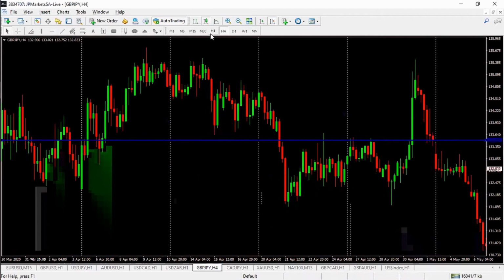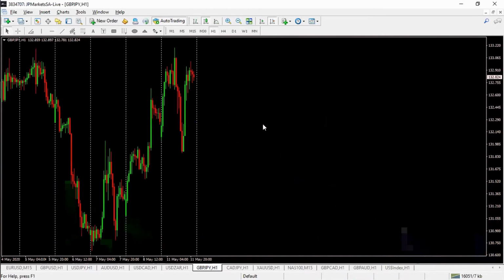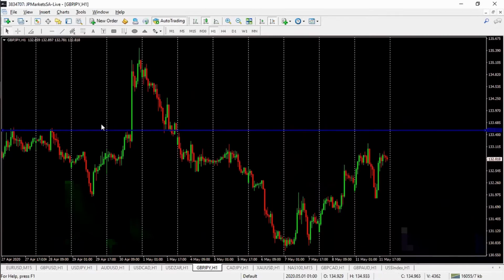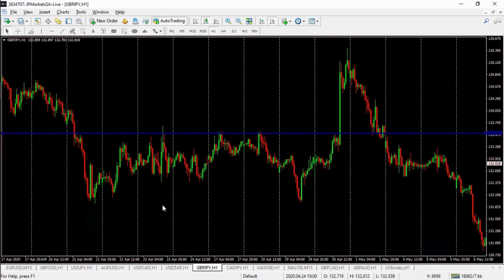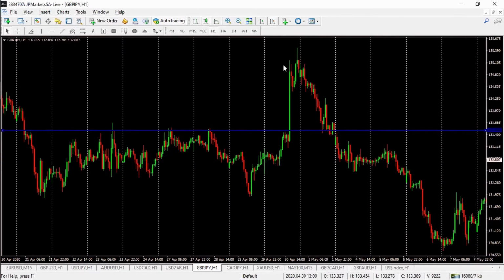Let's move to a lower time frame and see if what we are talking about on a higher time frame is happening. It's still the same thing, a down, consolidation, retracement, and a fall.